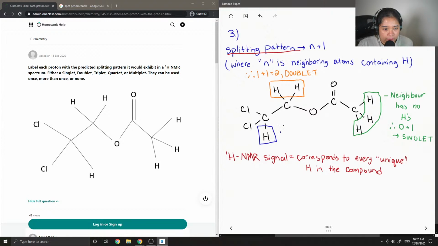So the number of neighbors, well, that carbon has 2 hydrogens on its neighbor. So therefore the splitting pattern is 2 plus 1, which is equal to 3. So this signal will split as a triplet.